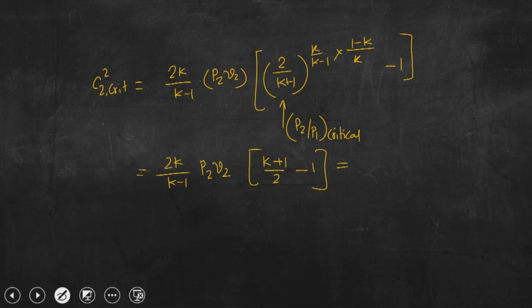So, that is nothing but 2k by k minus 1 P2 V2 into (k minus 1) upon 2.